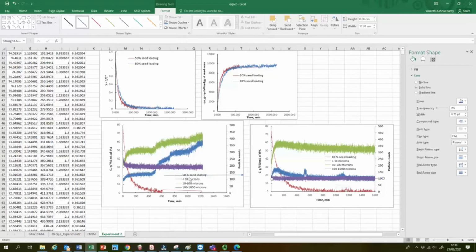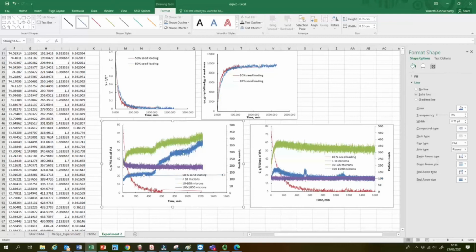So in the first experiment, we observed a secondary nucleation, and we realized this by looking at the particle counts that we obtained from the FBRM. In the second experiment, practically there is no secondary nucleation. So that's the thing you have to talk about in your laboratory report.